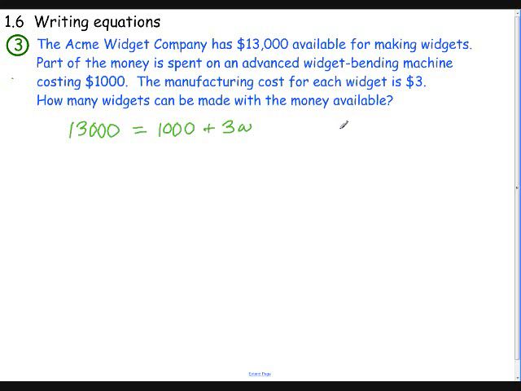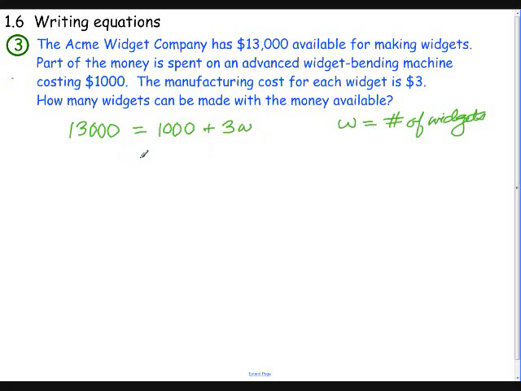So if I say W, I want to know how many widgets. W equals the number of widgets. Maybe my handwriting is getting better. Now I can figure it out.